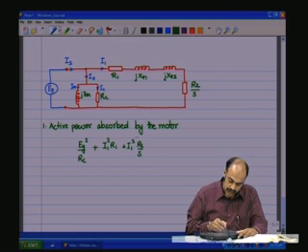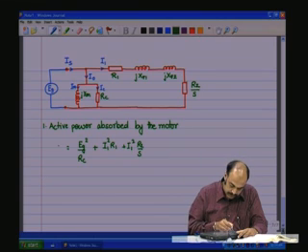So this is the active power absorbed by the motor. We will call this one, let us say, P.